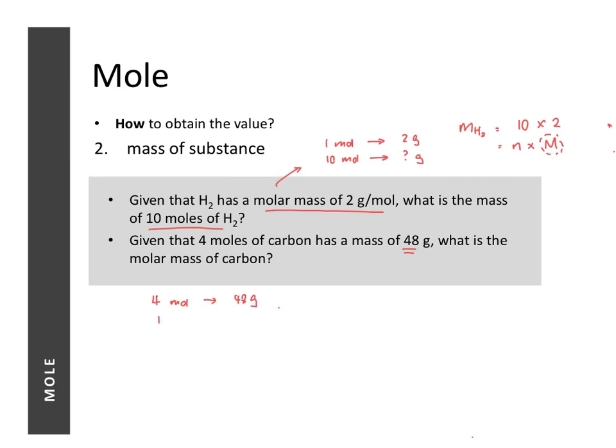Molar mass simply means the mass of 1 mole, and to find it we simply take 48 divided by 4, which is equal to 12. So essentially molar mass is the mass divided by number of moles. From these two questions again we can see the relation between number of moles, mass, and molar mass.